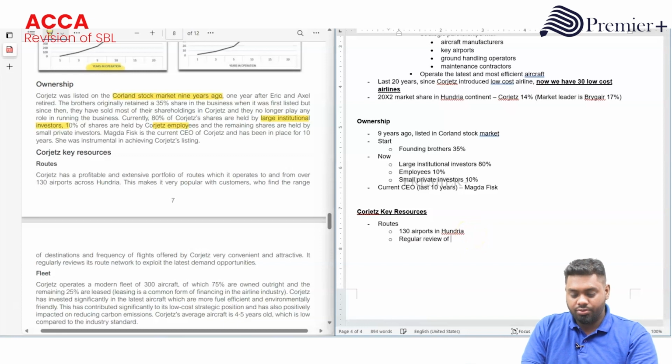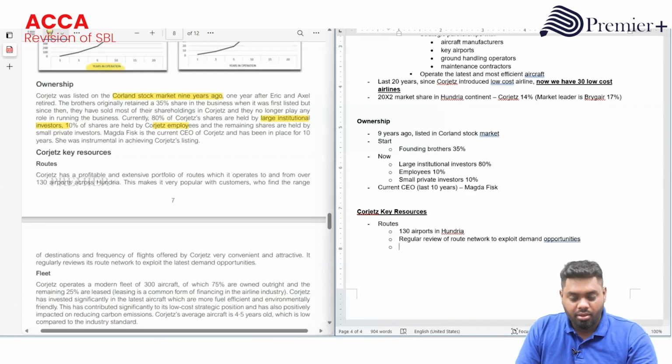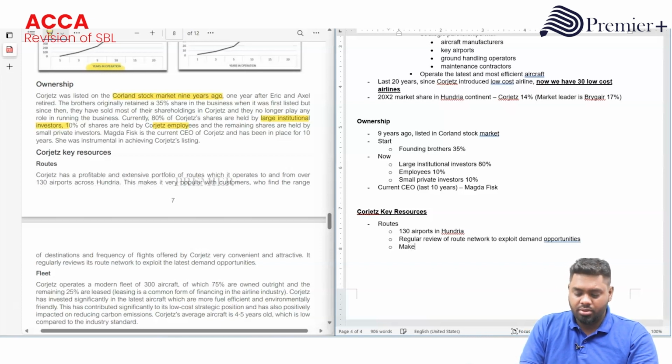Regular review of route network to exploit opportunities. So this also makes it popular with customers.